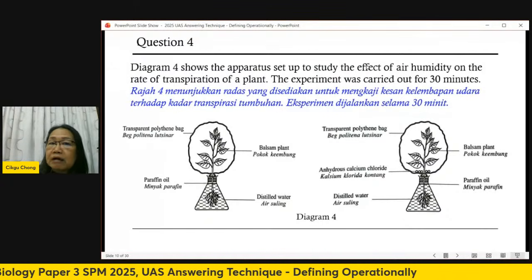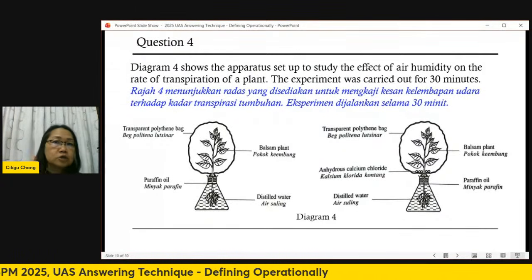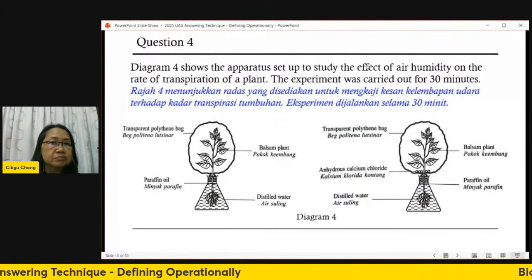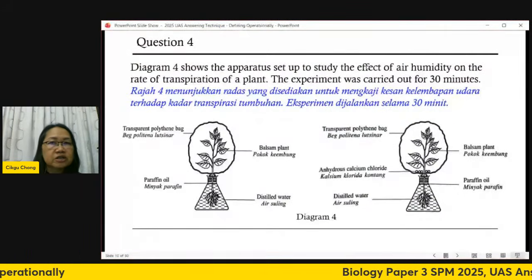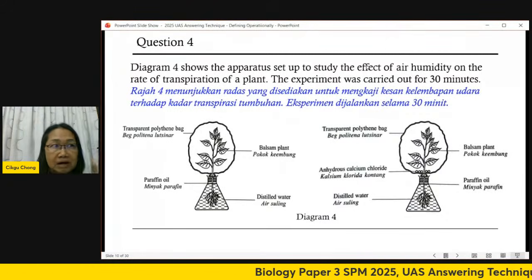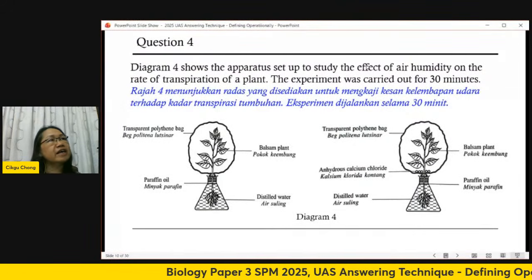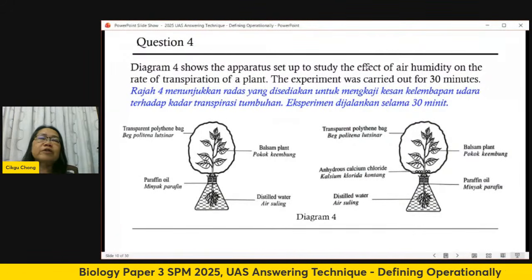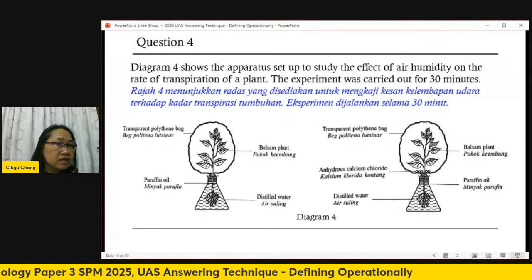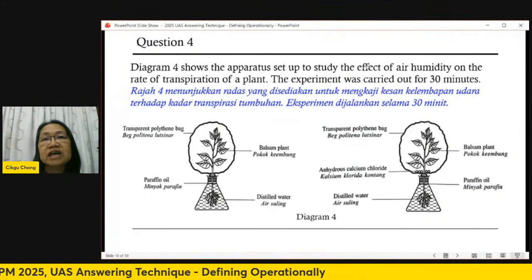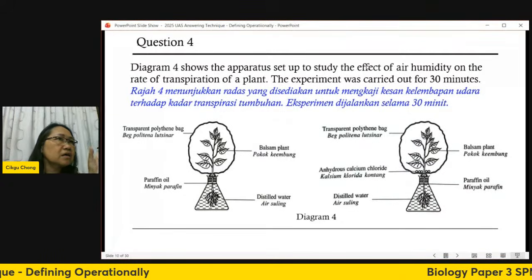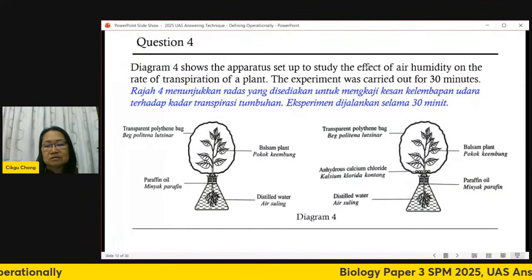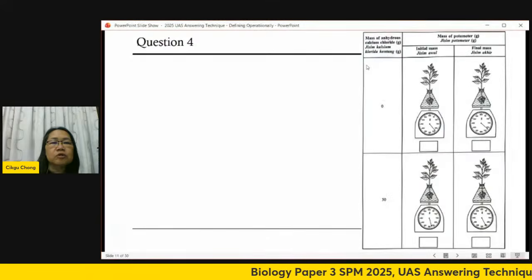So your answer must be specific. You cannot say plant in general. You must say balsam plant. If the experiment refers to hydrilla in the water, you must say hydrilla species. So you must write the specimen that was used. Clear?